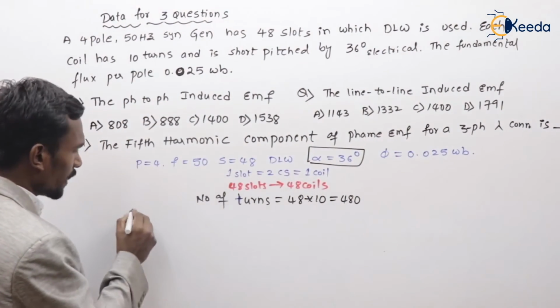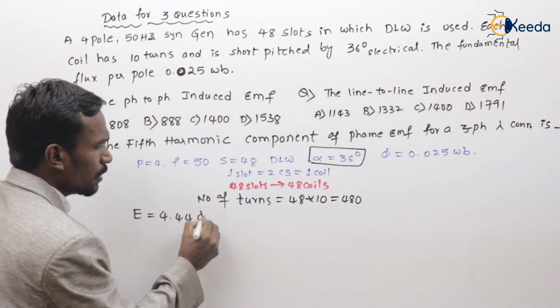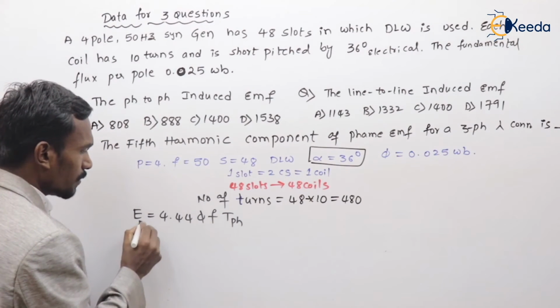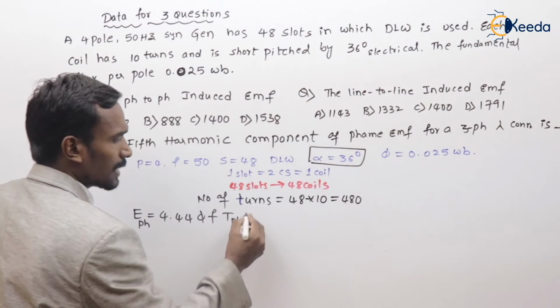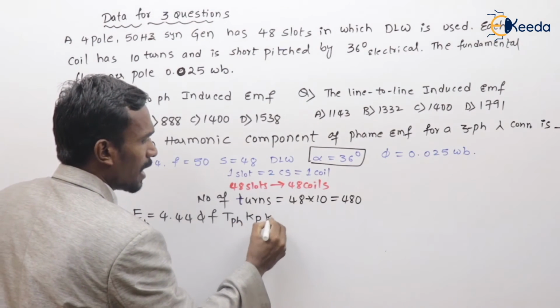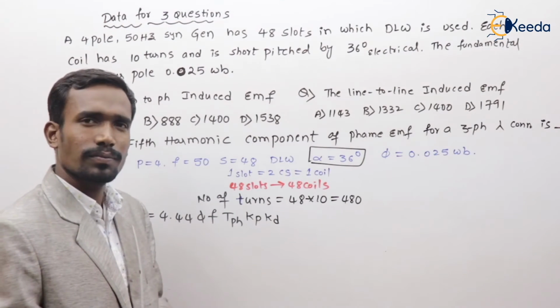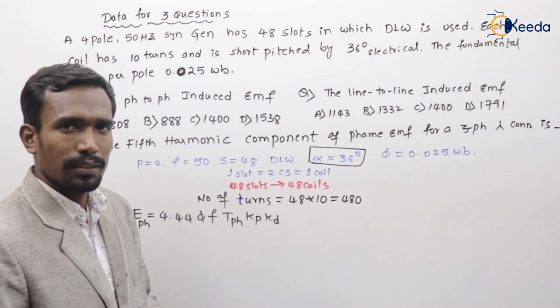How can we find the phase-to-phase induced EMF? E is equal to 4.44 into phi into f into turns per phase, because we require phase-to-phase, multiplied by Kp and Kd. First, we have to find the Kp.